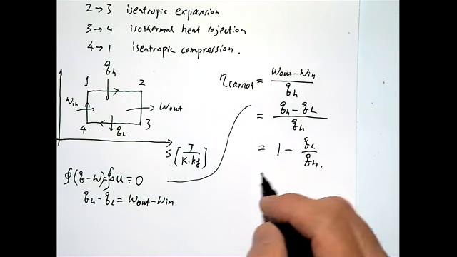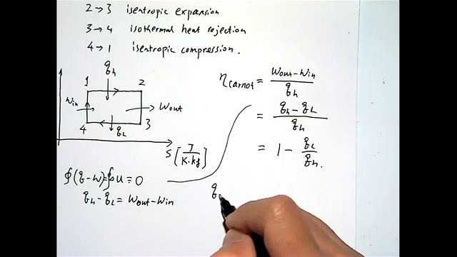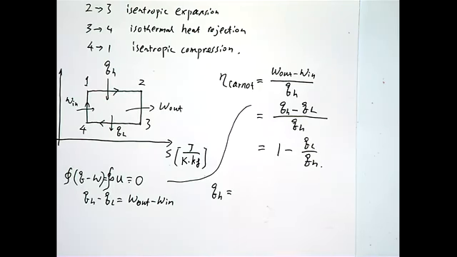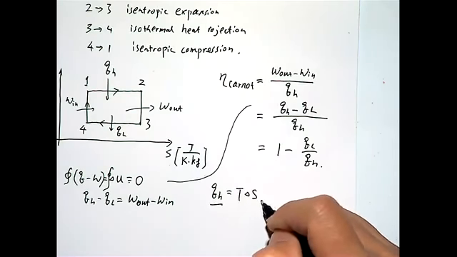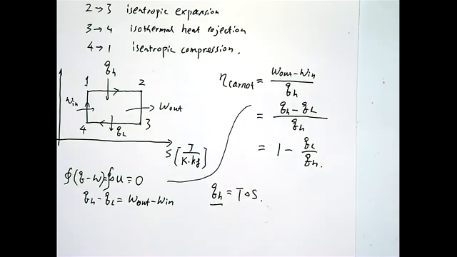Let's say the QH first. Because this is an ideal cycle, which is reversible, the heat transfer can be written in terms of T delta S. We said for a reversible process, the heat transfer equals TdS.